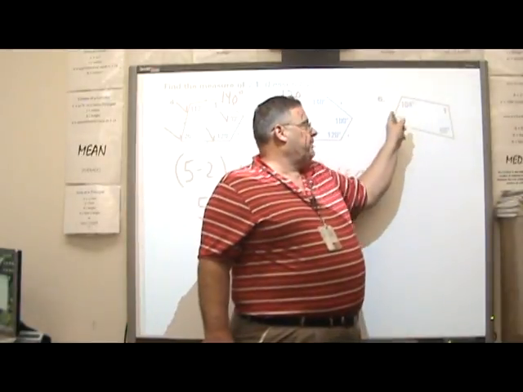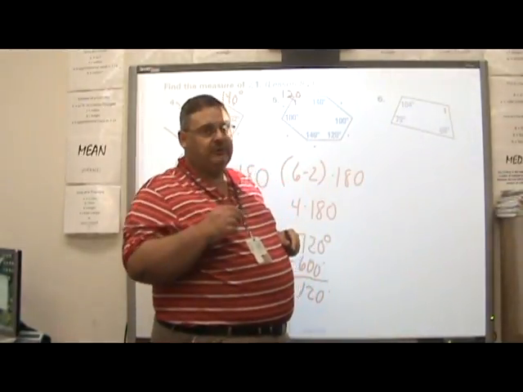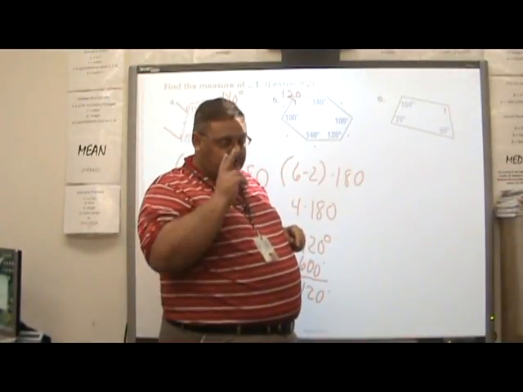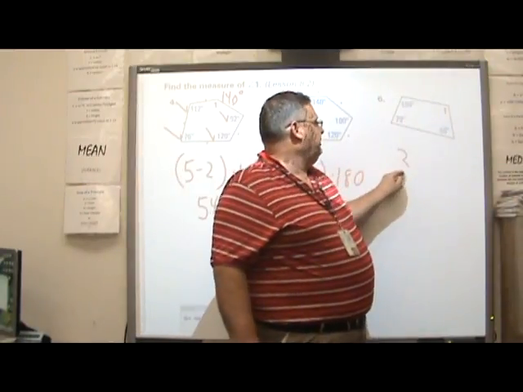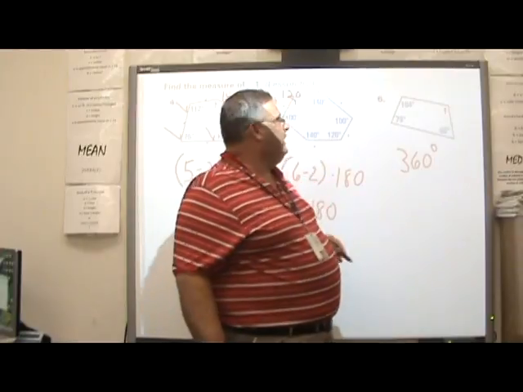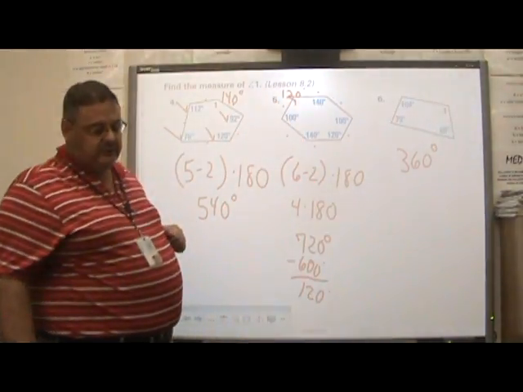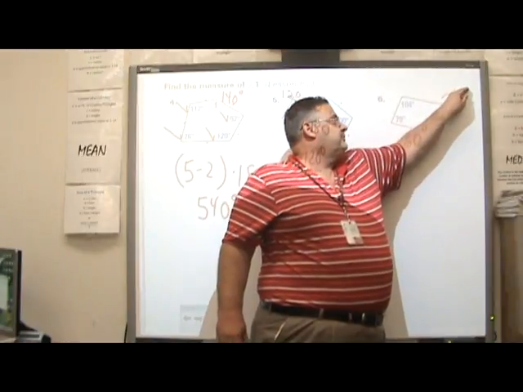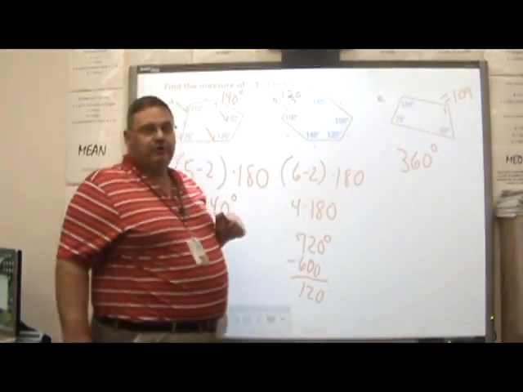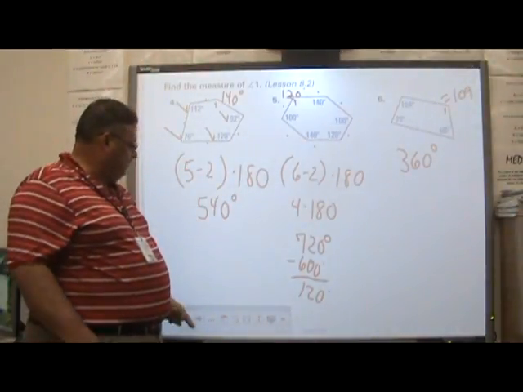And 4 minus 2 is 2, times 180 is 360, and we already knew that this would be 360. And 360 minus the ones we know, and I'll let you double check me with your calculators, but that would be 109 degrees.